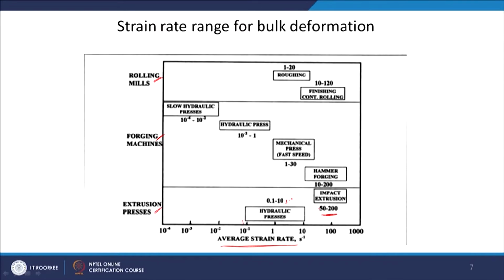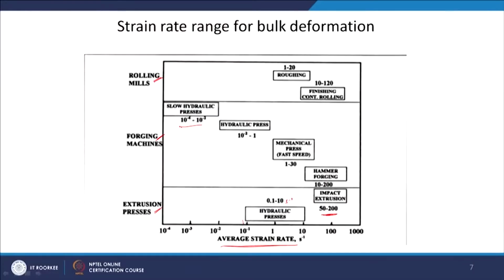In forging, you have different types of forging. So, you have slow hydraulic presses. Through a hydraulic press you are applying the compressive load. The strain rate is in the range of 10 to the power minus 4 to 10 to the power minus 3. For hydraulic press, it is around 10 to the power minus 3 to 1, or I think it is 10 to the power minus 2 to 1.